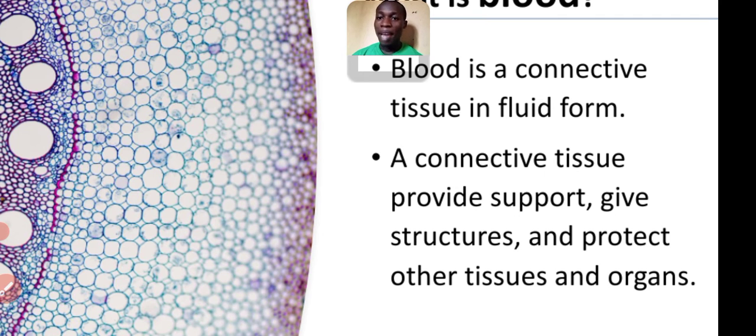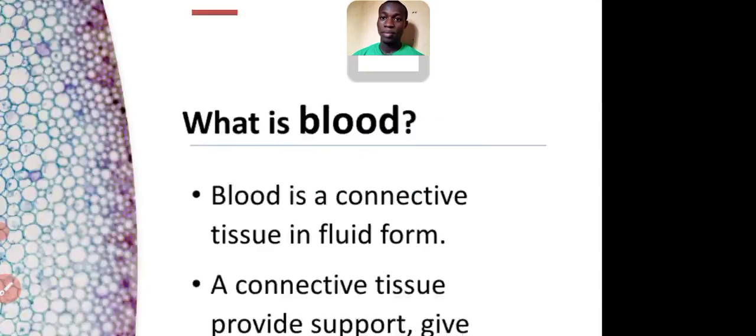And within the plasma, we find the cells, and we find organic substances, enzymes, minerals, proteins, etc. So that is the definition of blood. Blood is a connective tissue in fluid form because it gives support to structures and protects other tissues and organs.